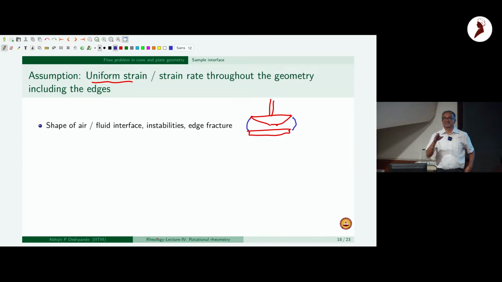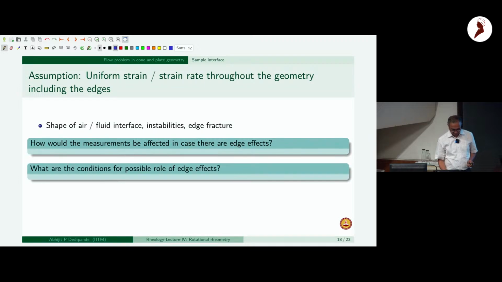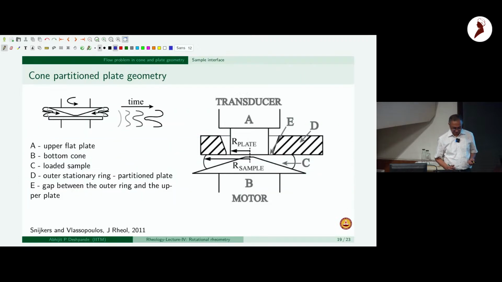The overall analysis is done within that, so the radius of curvature is defined based on this assumption. Whether it remains so or whether it deforms will again lead to secondary flows, edge fracture and so on, and that can change the measurement. So there are instabilities and edge fracture associated with these, and again similar questions.